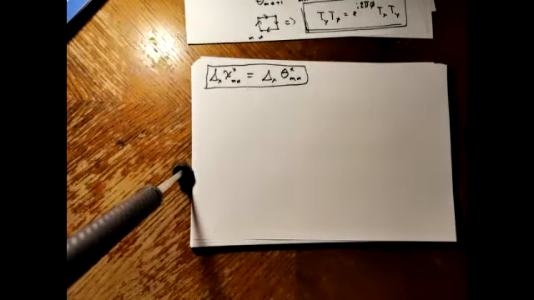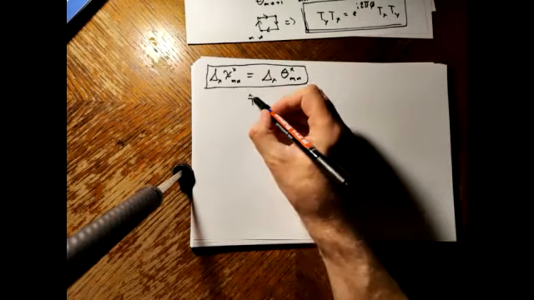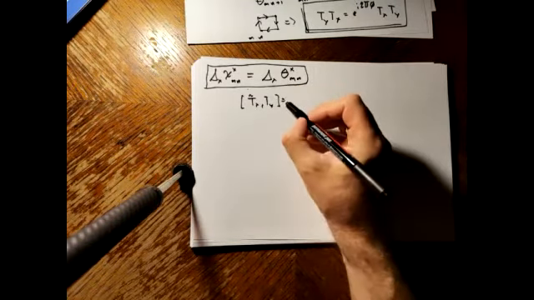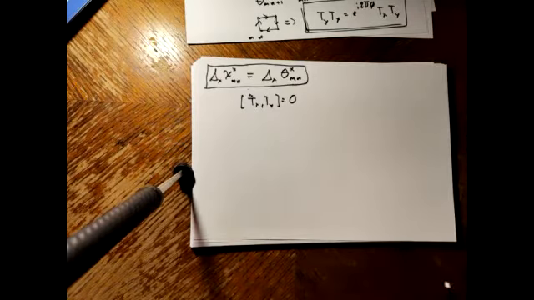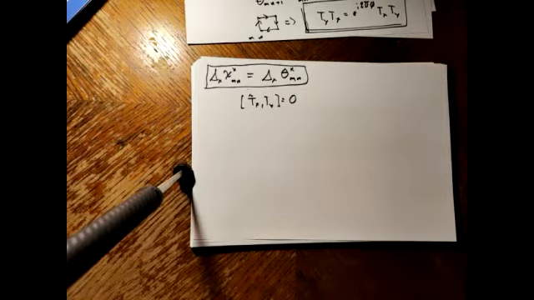So we did derive one equation. Now we're going to have to derive four more. The next equation, let's say tx ty. We want these to commute with each other, so we want t̃x to commute with ty.